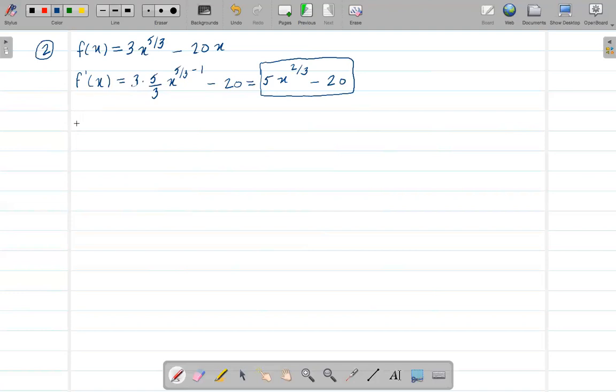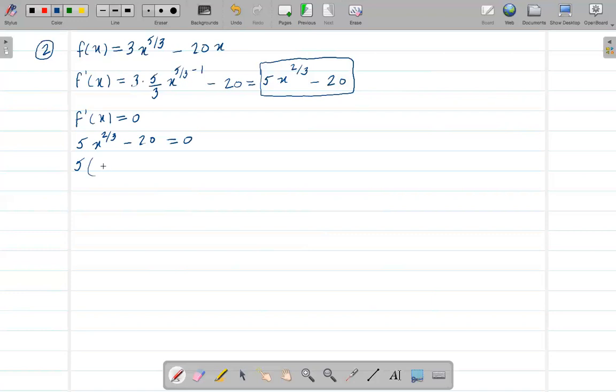Now again, to find the critical number, I have to set f prime of x equal to 0. So we have the equation 5 x to the power 2 over 3 minus 20 equals 0. From here, I can factor out 5.